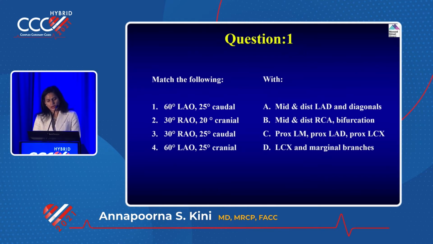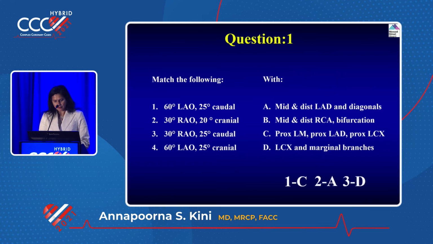Then caudal, and then cranial, mid to distal RCA bifurcation, B, right? 1 is C, 2 we said is A, 4 was what? B. Good.